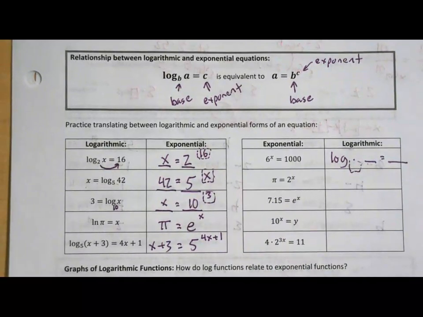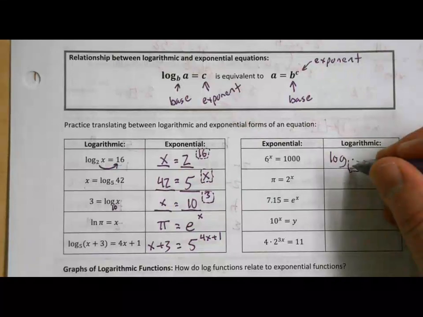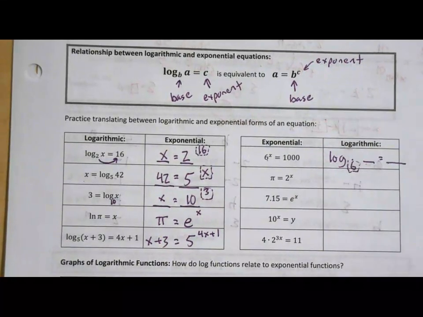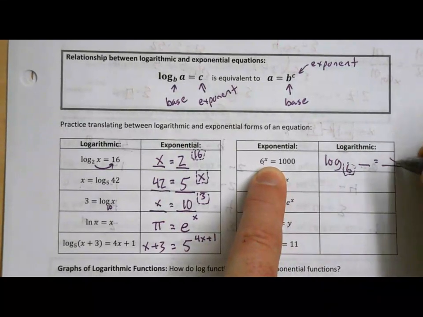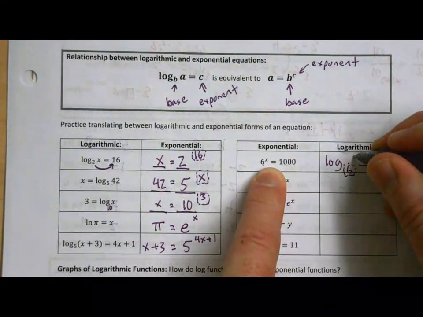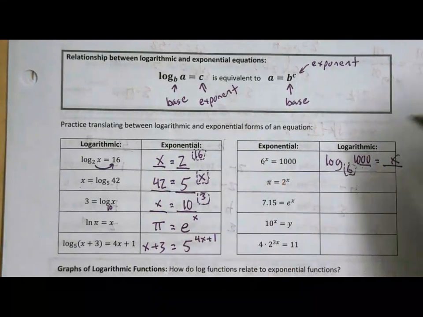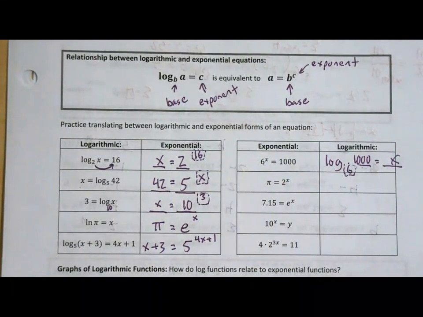What's the base? The base is a 6. What's the exponent? The exponent is an x. Remember, a log is an exponent. And then that means the 1,000 must go here. So log base 6 of 1,000 equals x.